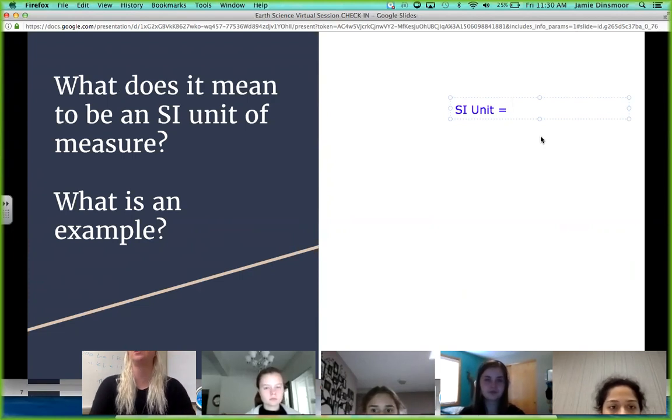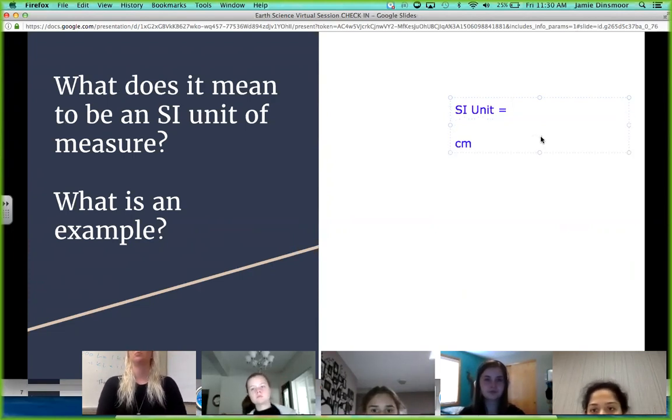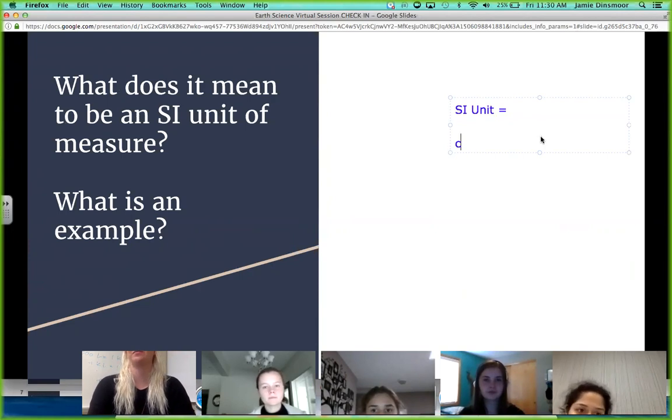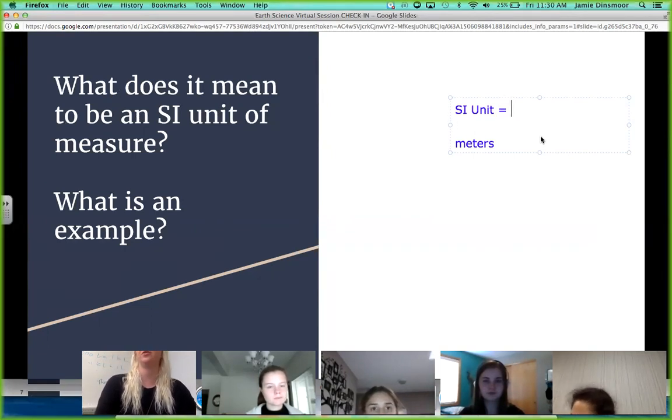Well, I'll tell you this, meters are an SI unit, but inches are not. Anyone want to give us a guess? You could Google this, by the way. Google SI unit and try to put it in your own words and tell me what it is. Kilogram is one.